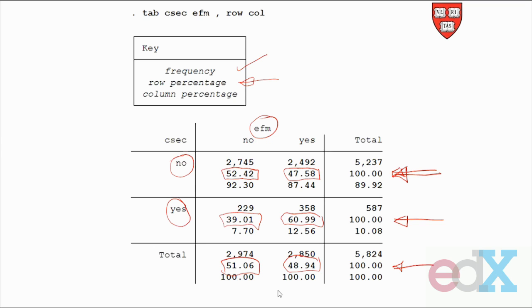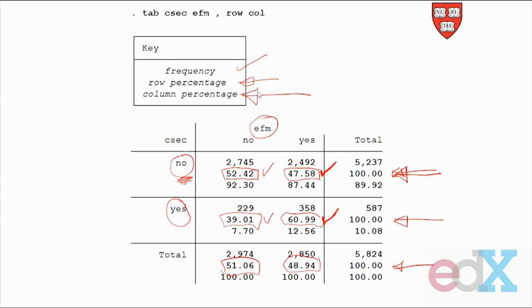But look at this. Amongst those who did not have a C-section, only 48% were under EFM. Of those who did have a C-section, 61% of them were EFM, so this looks suspiciously big. Or we could argue column-wise.